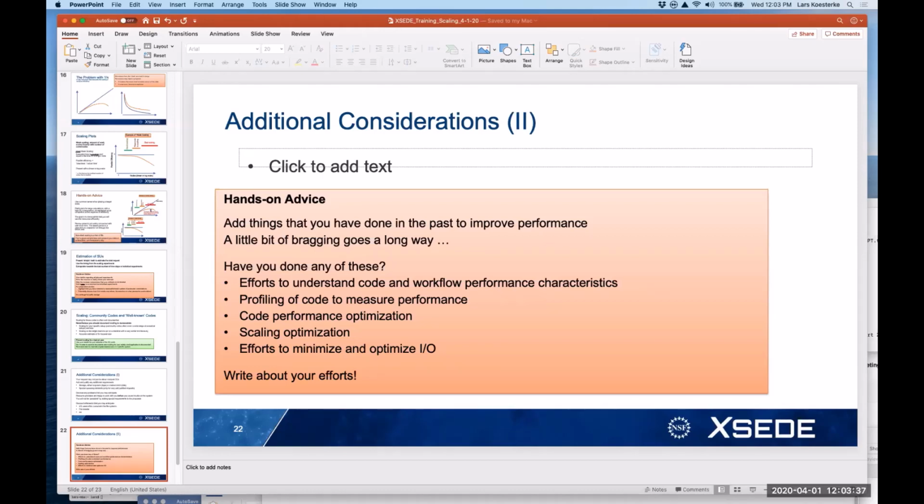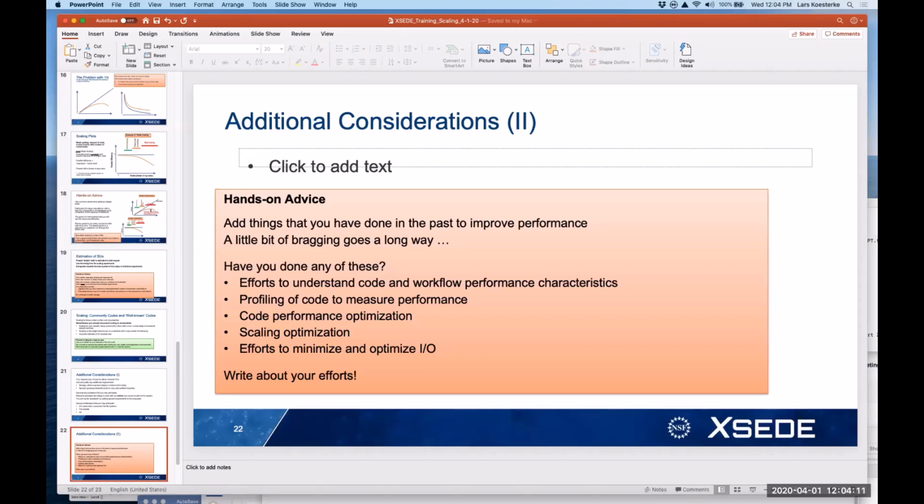Yes, there's a question. If only one system was requested for a startup allocation, how do we go about requesting to test other systems? Yes, you can ask for a supplement for your startup, but very often that is not necessary. If you have a startup on a cluster in Pittsburgh, and now you want to request time on a cluster in San Diego, you can look at the architecture of the cluster.